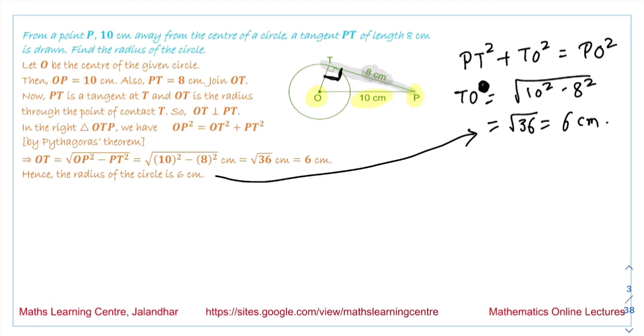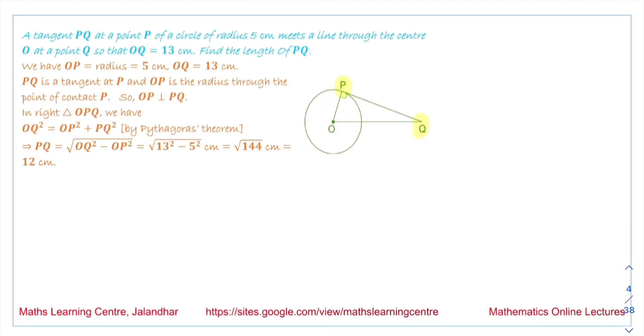Similarly, the next question is a tangent PQ, drawn from the point P to the circle whose radius is 5 centimeter, and it meets a line through the center at the point Q. The length of this OQ is given to be 13 centimeter.